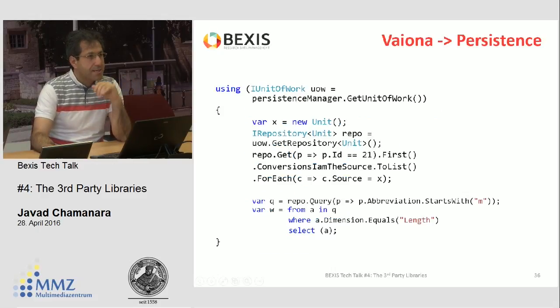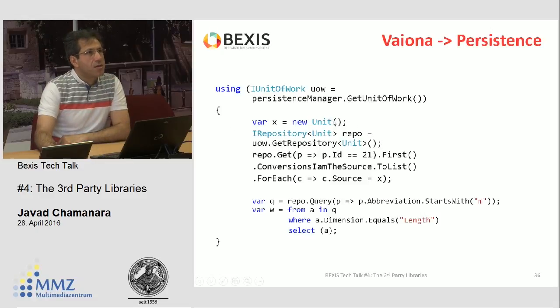So, as an example here, we have a unit of work again. Here we have created a unit of work. Let's say that we have set it up also, but I have just omitted that for space. And then created a repository on that unit of work. Then here I have done two things.